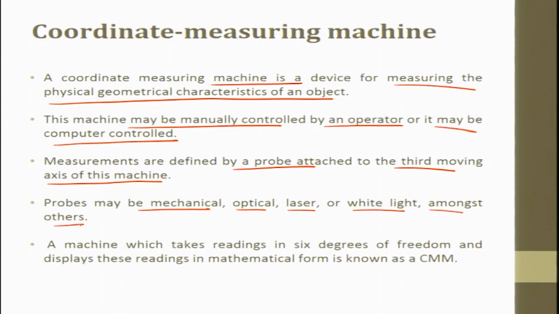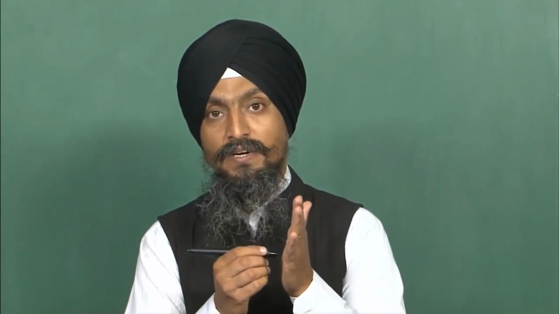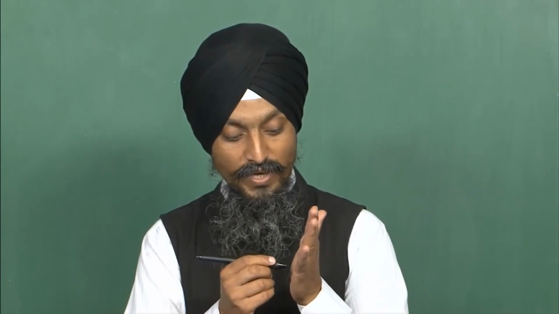The probe we have in our machine is the mechanical probe. It will physically touch the component that we are trying to measure. When it touches, it will produce a beep sound, and an indicator will blink.